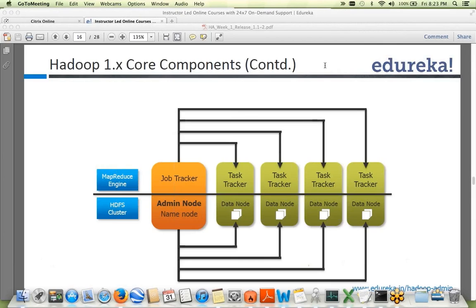So Suman has a question: how is the search performance managed in name node when we have millions of blocks? So Suman, as we discussed, name node basically creates a metadata of every file, comprising how many blocks.